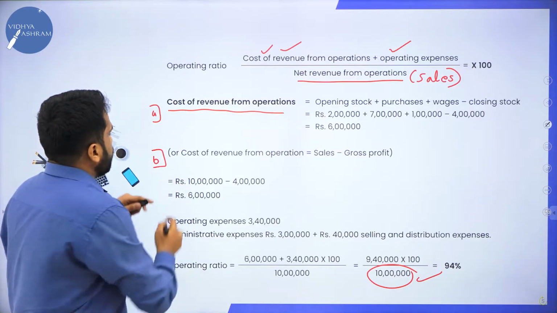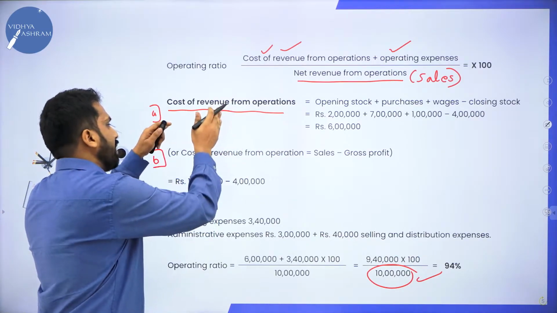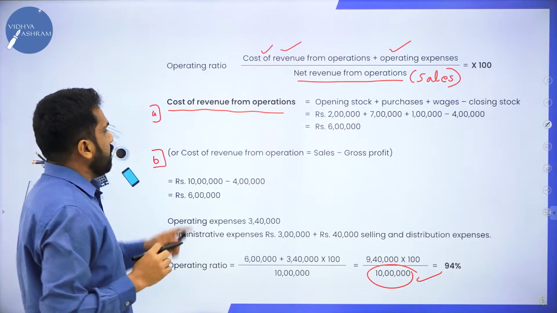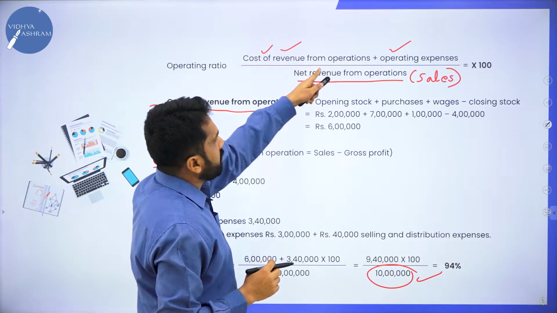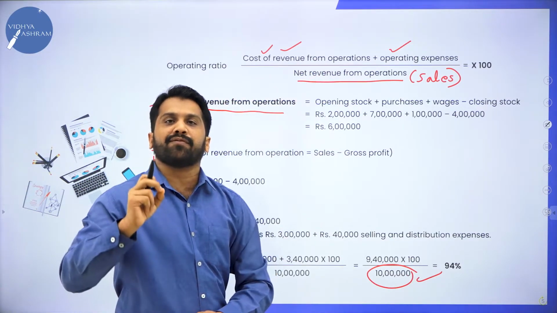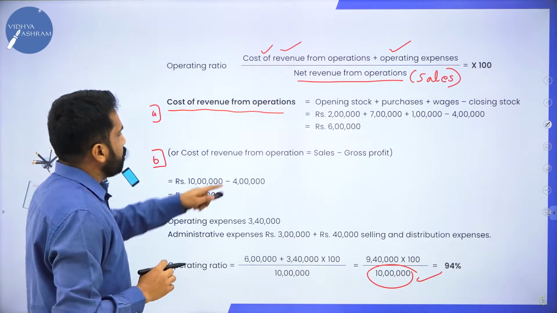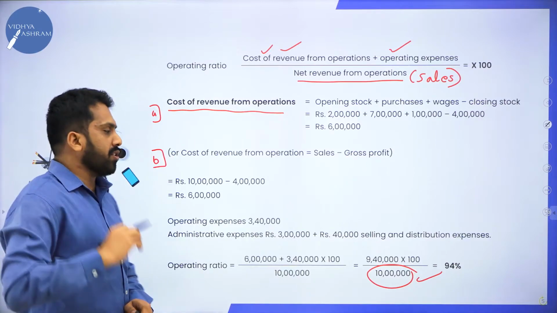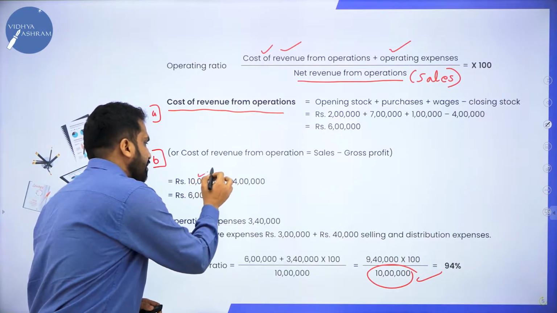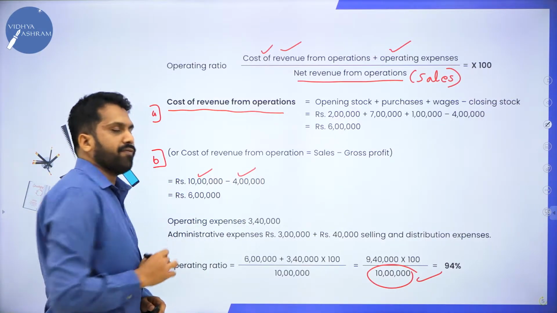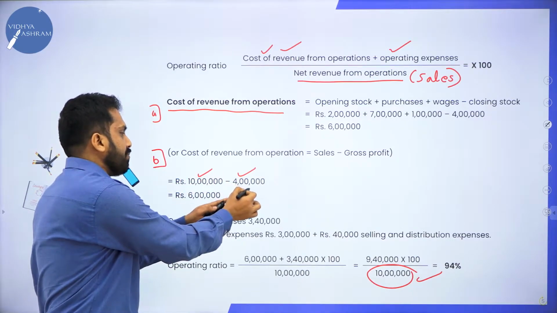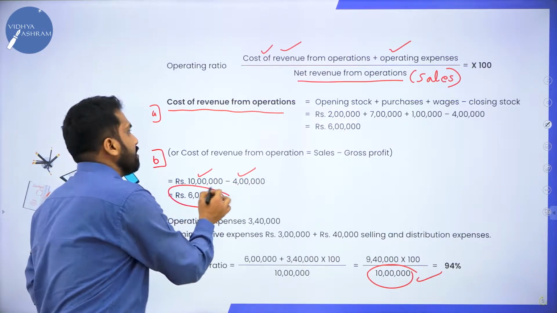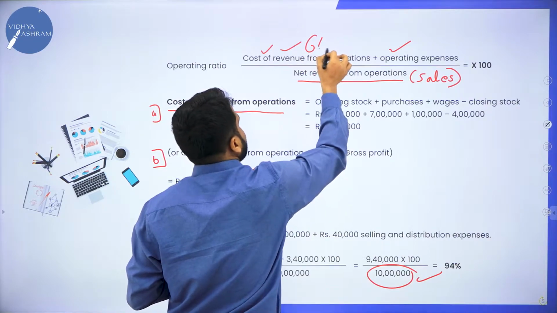First we'll go for option B, then I'll come back to option A. If you want cost of revenue from operation, what is the formula? Very simple. Sales minus gross profit. In the question they have given sales is 10 lakh, gross profit is 4 lakh. 10 minus 4, your answer is 6 lakh.